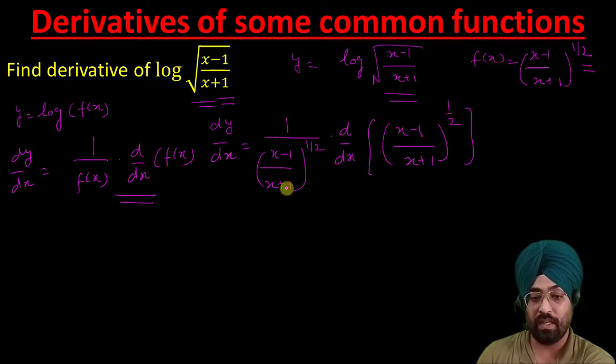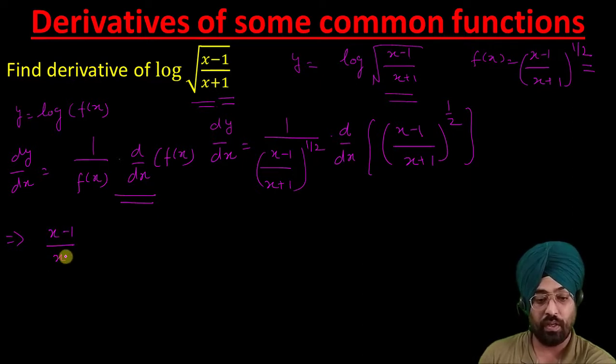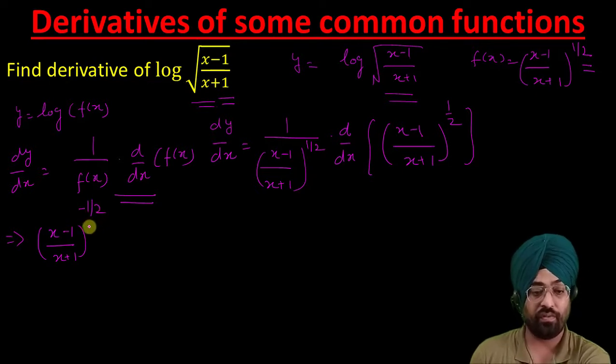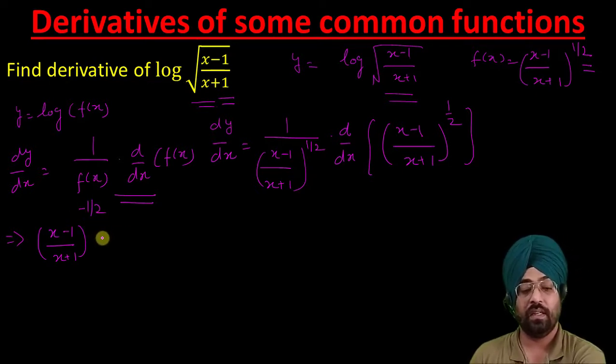If we take it in the numerator, it can be written as (x minus 1 upon x plus 1) raised to the power minus half.